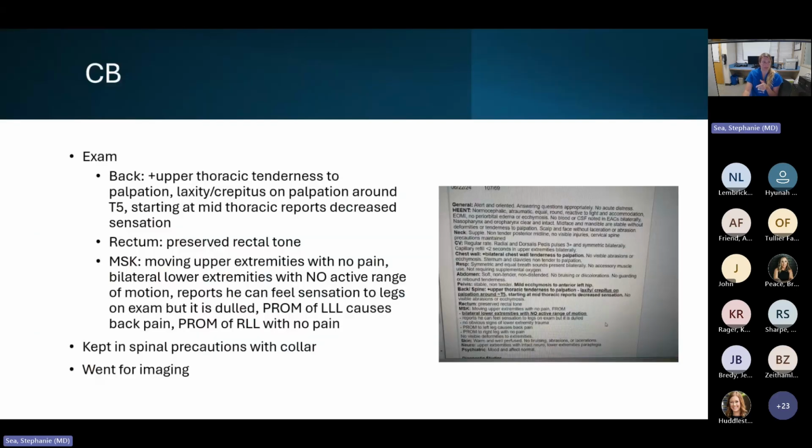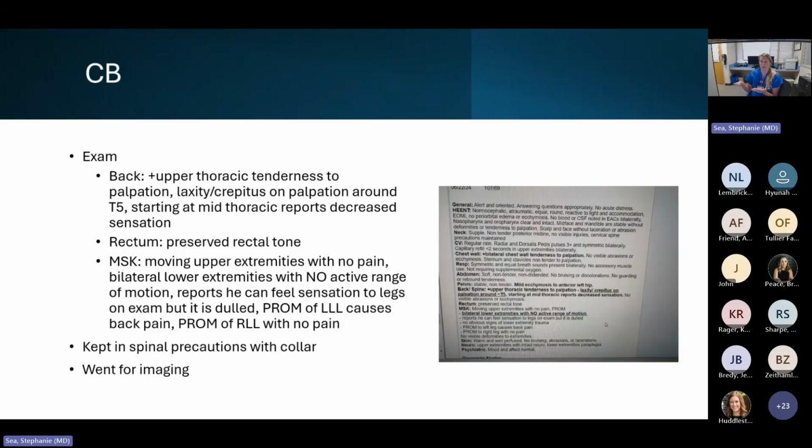So let's go back to CB, our patient. When he came into the hospital, this was actually his exam. He was showing upper thoracic tenderness to palpation. He had obvious laxity and crepitus on palpation around T5. And at that point was starting to notice some decreased sensation, which he was reporting as kind of dull sensation.